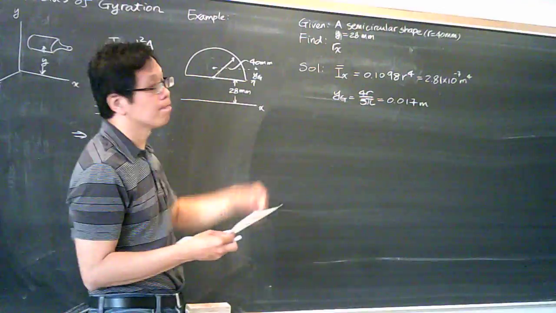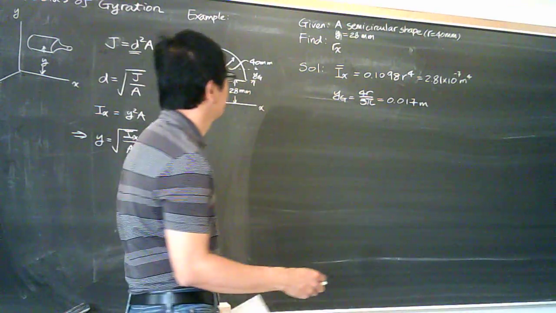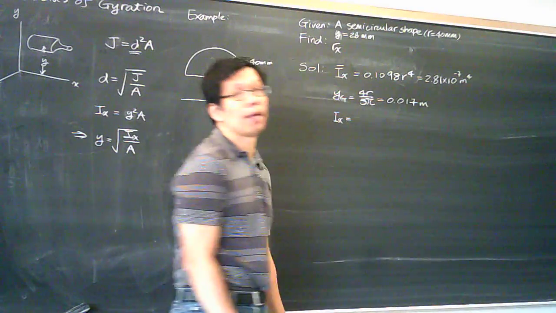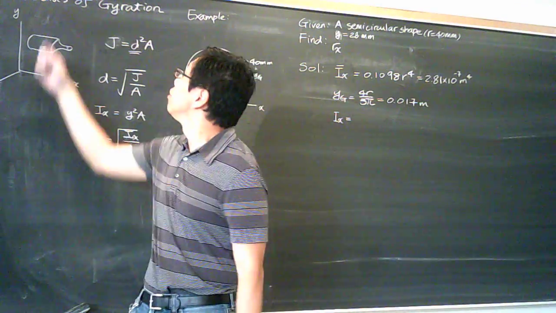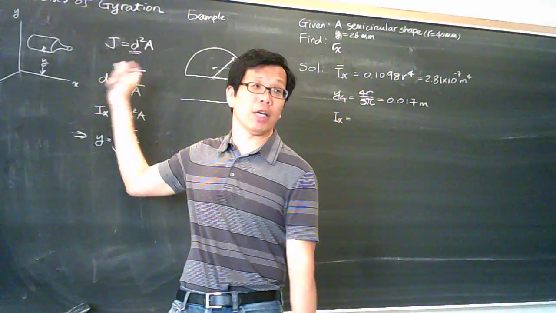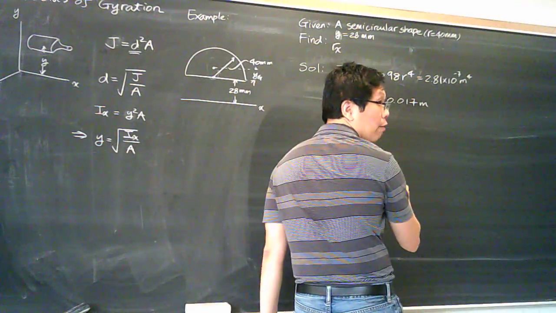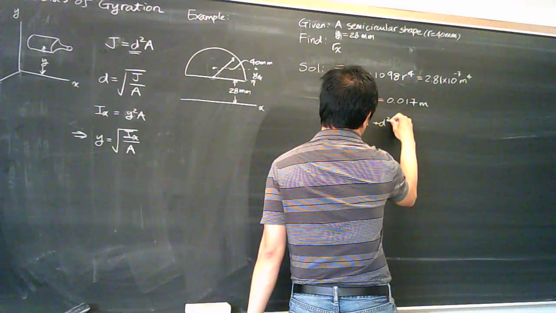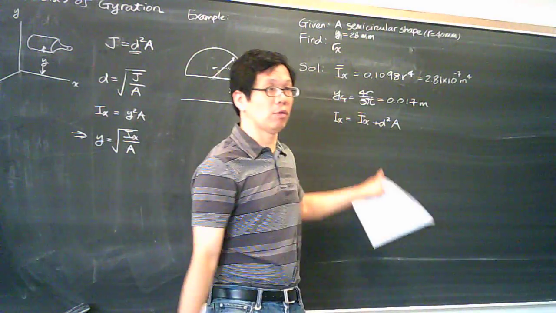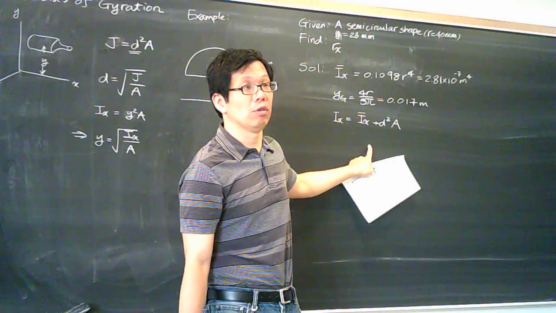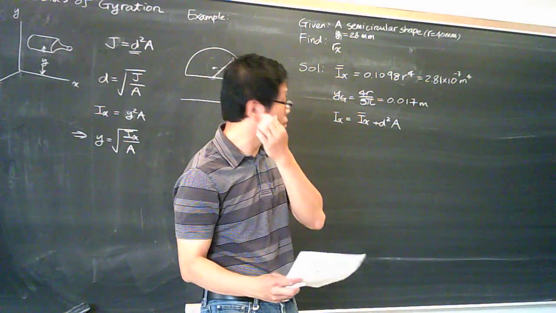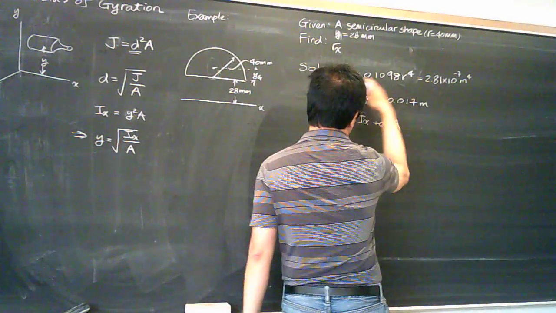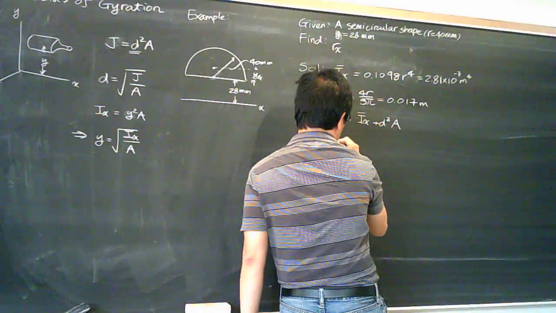Okay, it's a formula. Now, I would need to find Ix based on the parallel axis theorem. What do I have over here? Ix is d squared A, right? This is another derivation. So I get my Ix from here. What is my d?